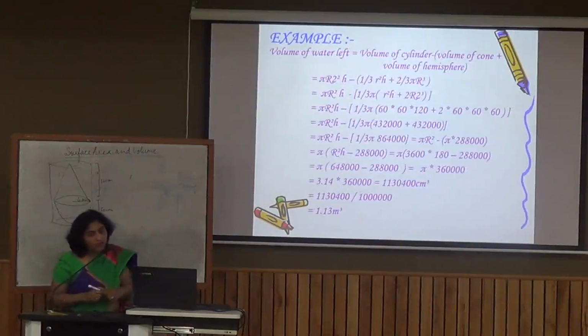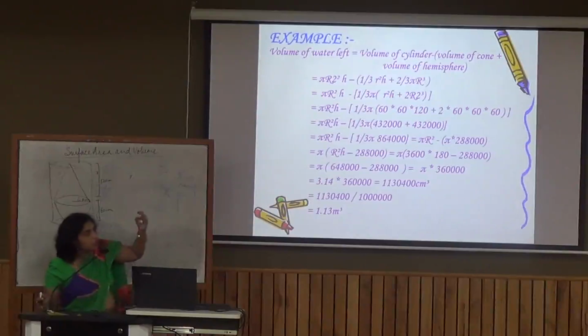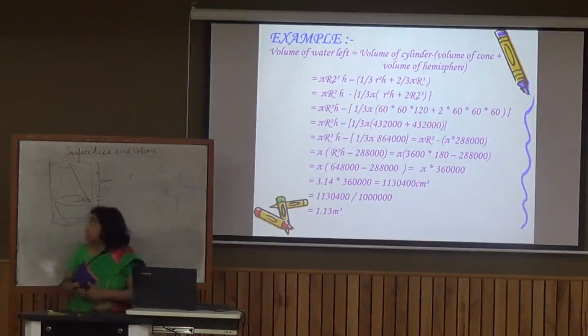For that we find the volume of water which is left inside, so volume of cylinder, subtracting the volume of cone and the volume of hemisphere.